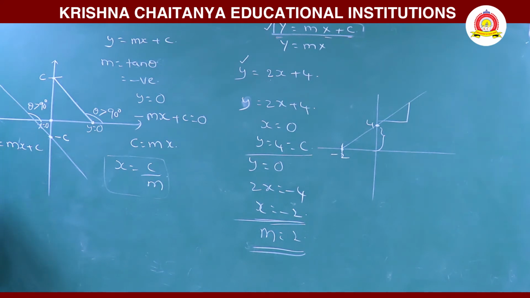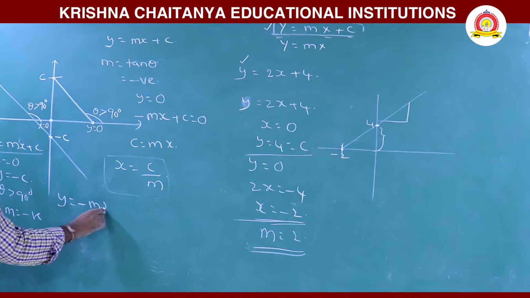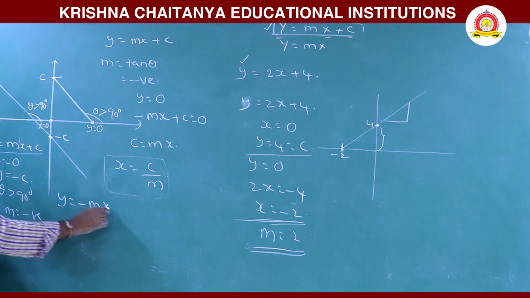So for this one, if we write the y is mx plus c expression, when x is 0, y is minus c, and since theta is greater than 90, m is again negative, since m is tan theta. Then the expression would be y is equal to minus mx minus c.